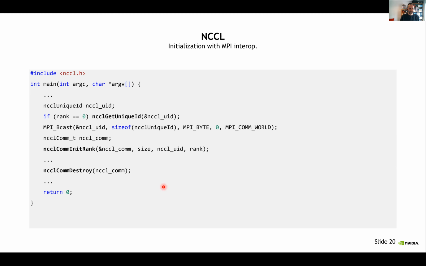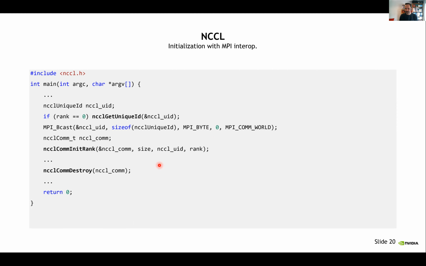The way to bootstrap NCCL is to first let one participating process create an NCCL unique ID, and use the out-of-band communication, in this case MPI broadcast, to broadcast this unique ID to all participating processes. And then each process can initialize an NCCL communicator, passing in the number of processes, the unique ID, and the rank from the out-of-band communication, in this case MPI.